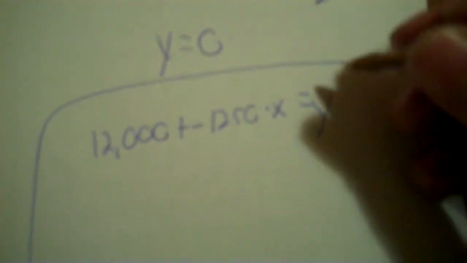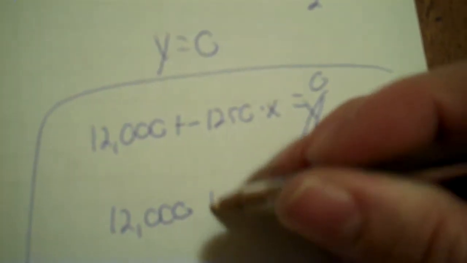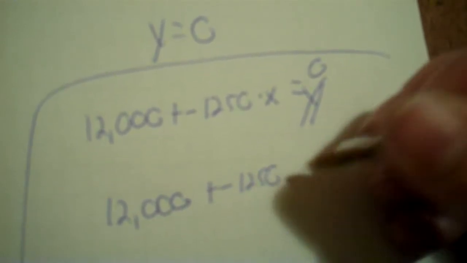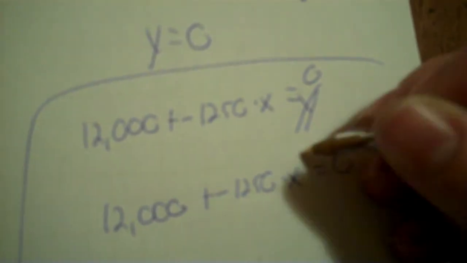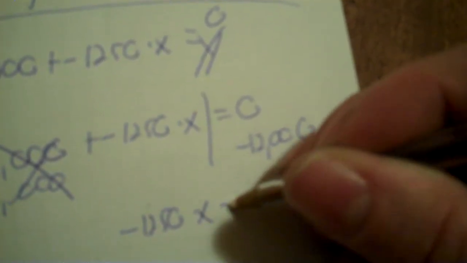And now I set Y equal to 0. Okay. So Y is out, 0's in. Okay, so get rid of the 12,000. Negative 1,250 times X equals negative 12,000.